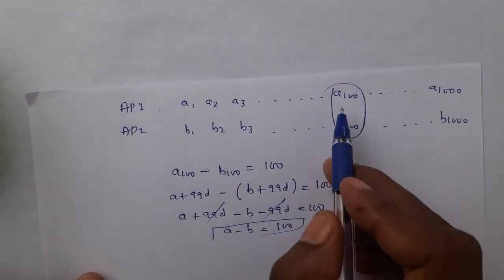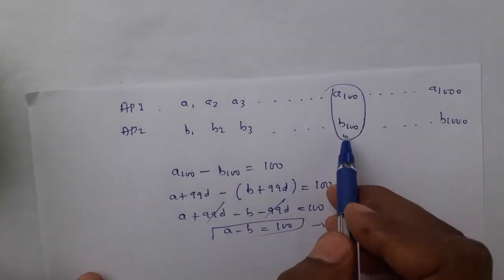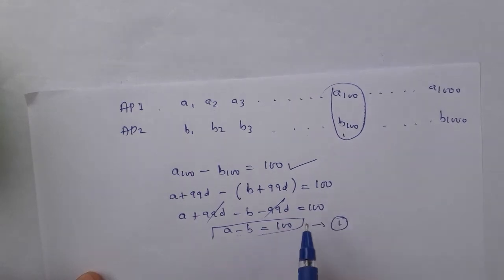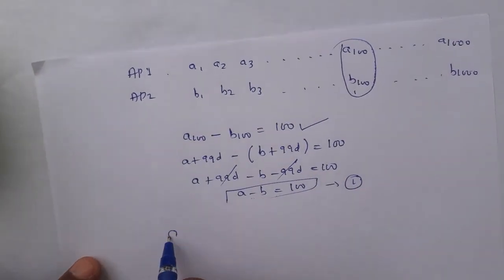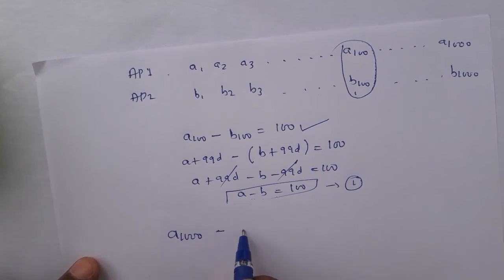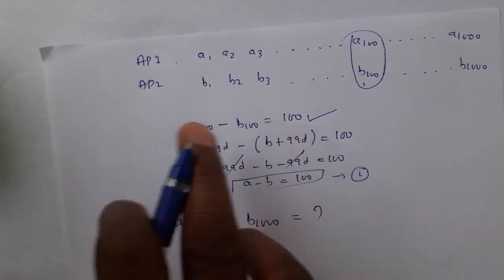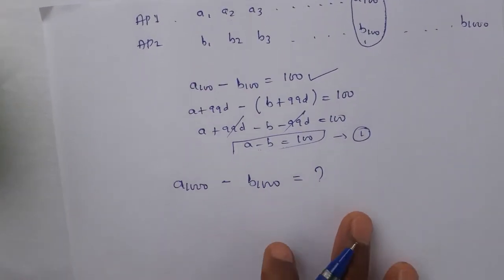Using that clue I got the relation between A and B. Now the question is, what is the difference between their 1000th terms? A1000 minus B1000. What is the answer? A100 minus B100 is 100, given in the question. A1000 minus B1000, how much?